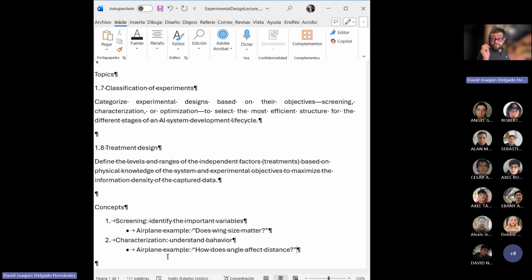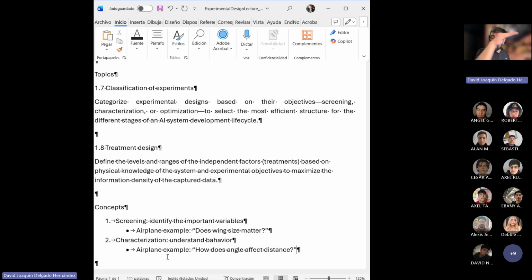So if I throw the airplane in one angle, I can reach some distance. But if I modify the angle and I throw it again, then I can reach a longer distance, for instance, okay? But what happens if I continue modifying the angle?